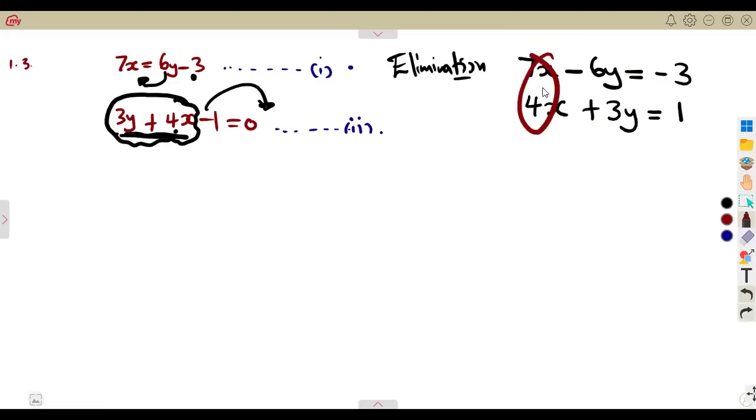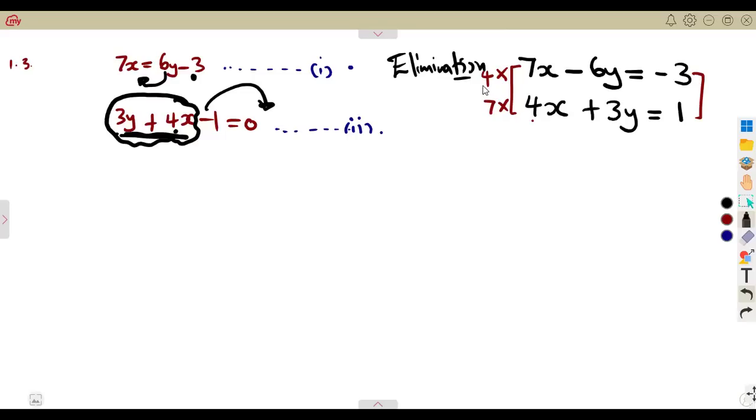If you want to eliminate x, interchange these coefficients that we are seeing. 4 multiplies on top, 7 multiplies this other equation. So we are going to multiply the equation on top, this whole equation, by 4, since we want to eliminate x. The second equation, we multiply it by 7 so that these coefficients of x will be the same.